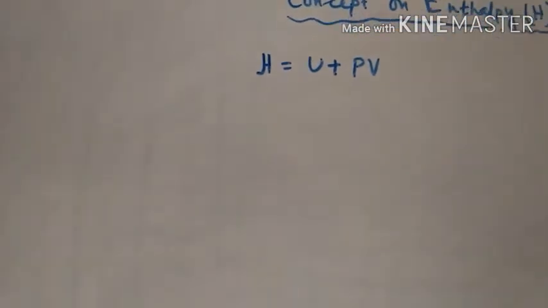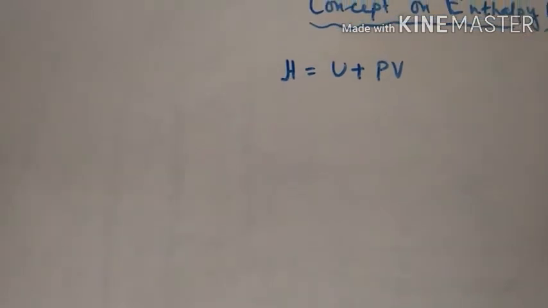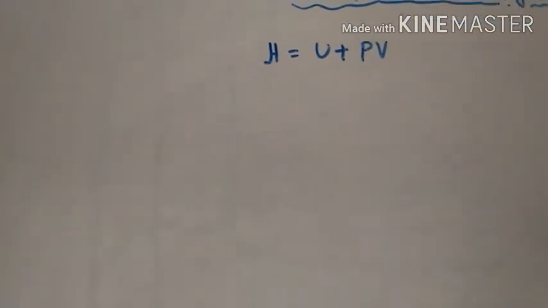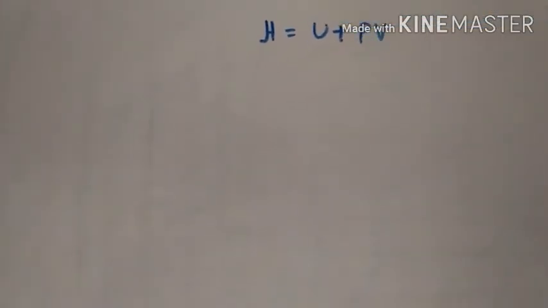Thus enthalpy may also be defined as the sum of the internal energy and the pressure-volume energy of a system. The magnitude of delta H depends on the initial and final states.